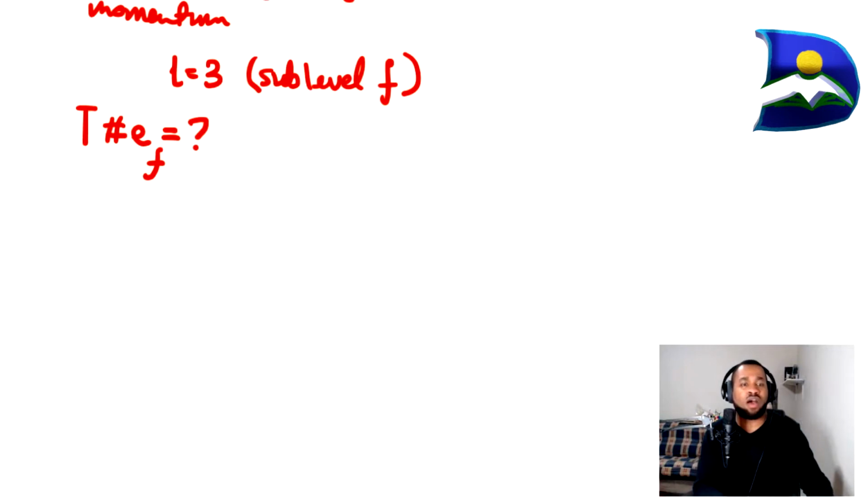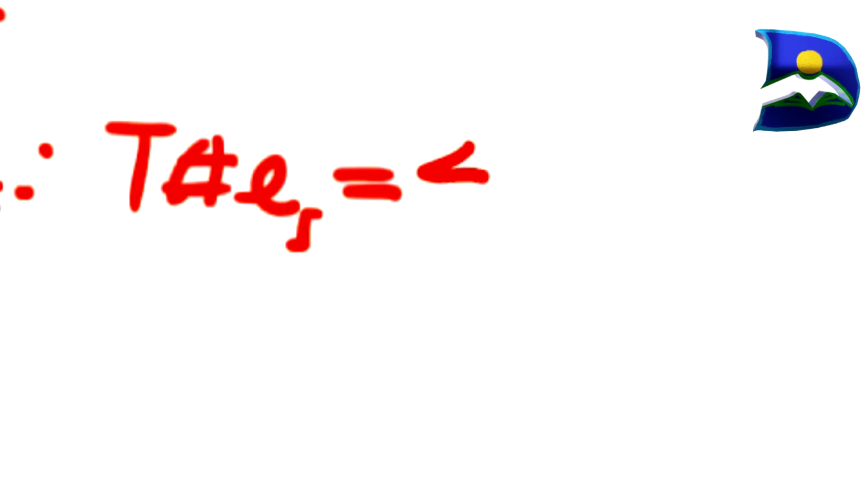We know that based on our analysis, the total number of electrons in a specific sublevel is equal to 4L plus 2.